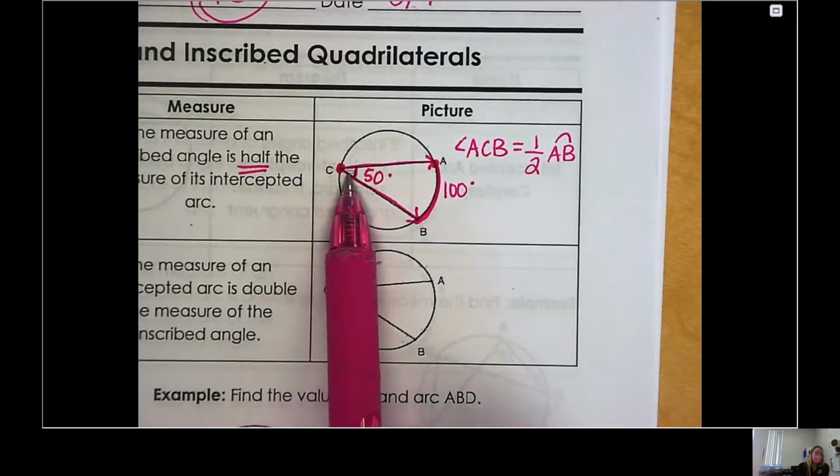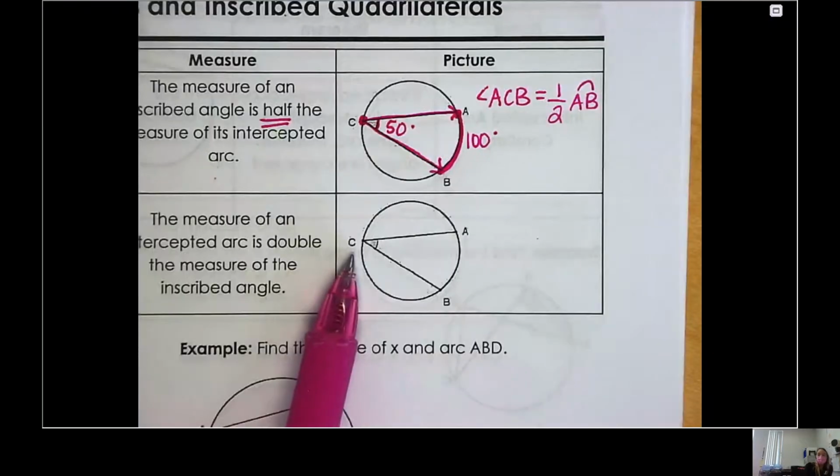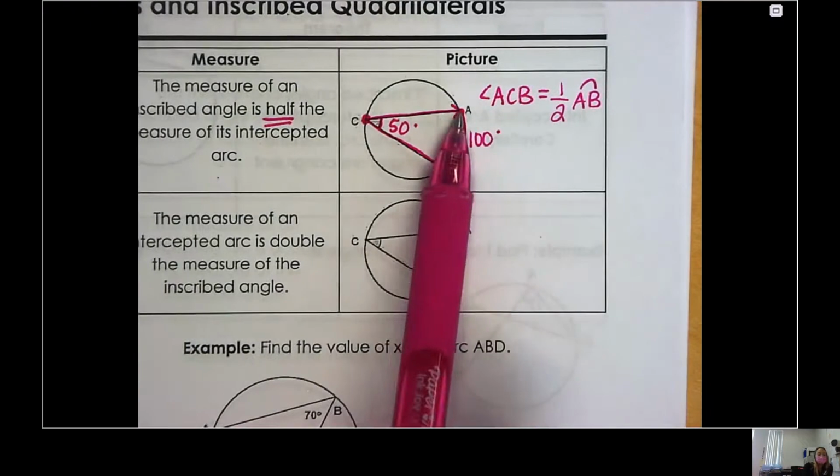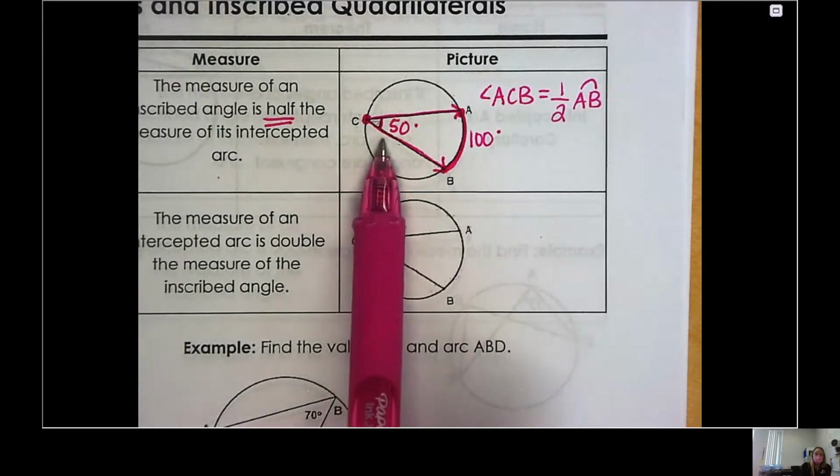Now, if we go the opposite way, an intercepted arc has endpoints that are on the sides of the inscribed angle and all the points of the circle between them. So the measure of an intercepted arc is double the measure of the inscribed angle. In the last picture, I gave you the arc was 100, and we divided by 2 to get the angle.